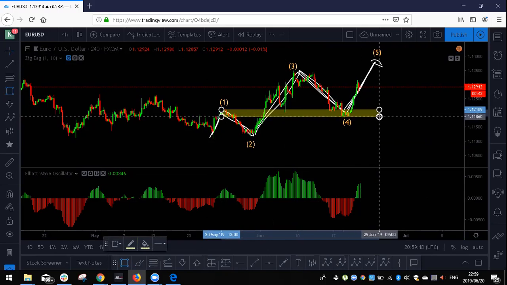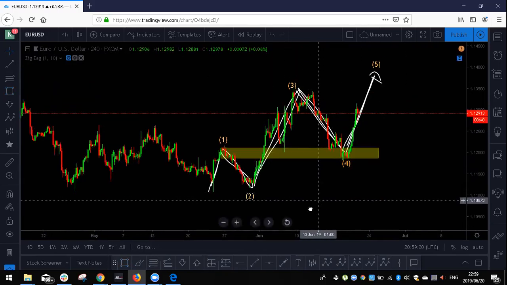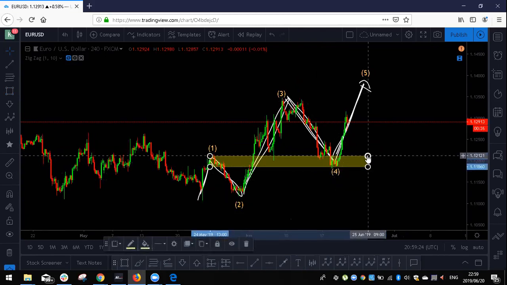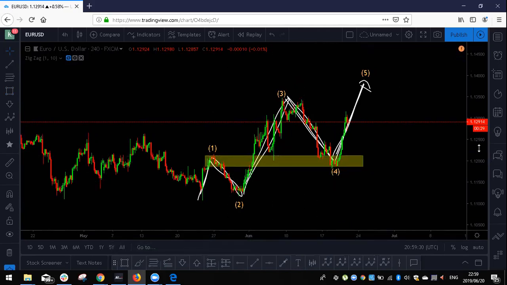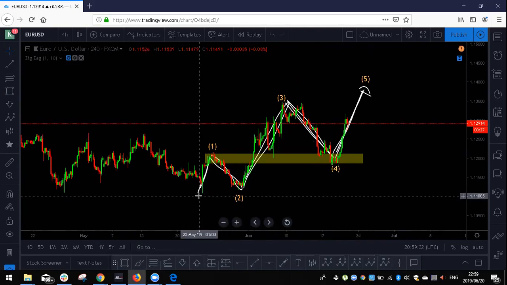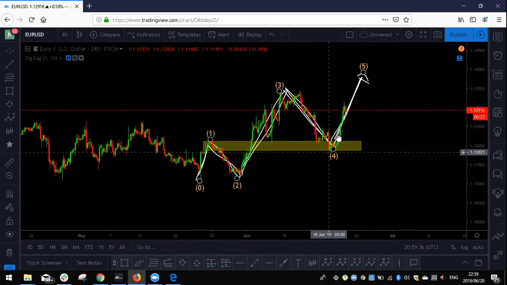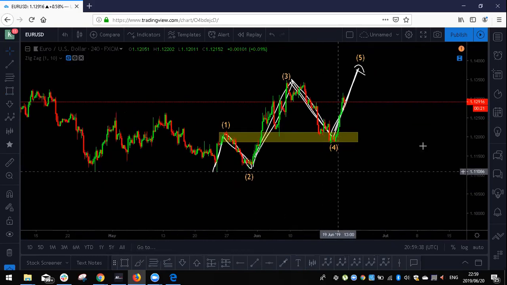Remember I said the rules: wave 4 shouldn't retrace more than wave 1. That doesn't mean it should sit exactly, but it should at least be in the same zone. So most rules are still met in this case.